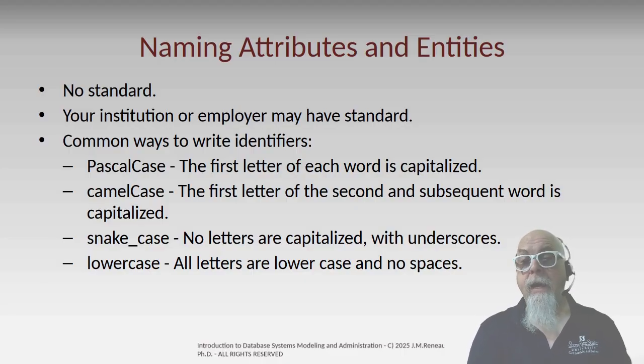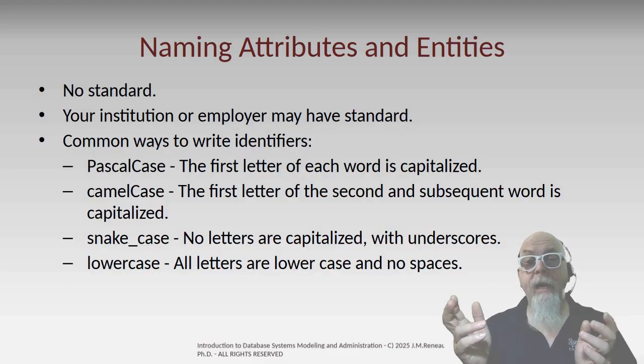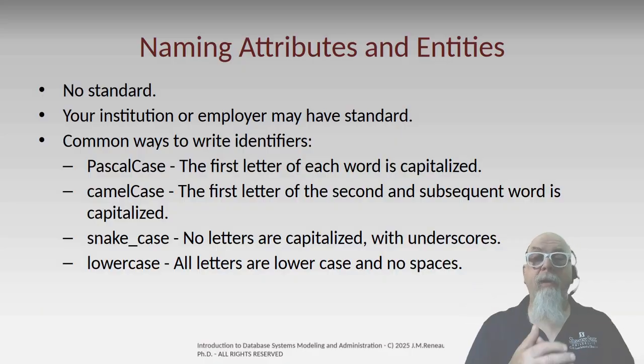Special characters in an attribute name can also be problematic. So, A through Z, the numbers 0 through 9, and maybe an underscore, and anything else, just don't do it. An attribute could be all lowercase, with multiple words all jammed together, but those start to get difficult to read if you've got a long attribute name.